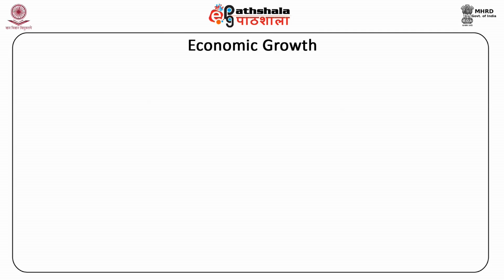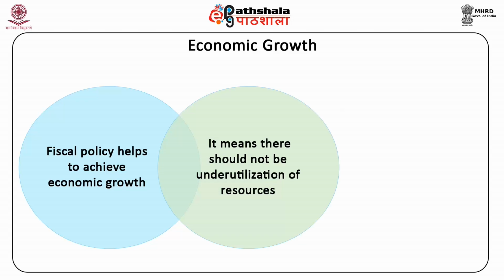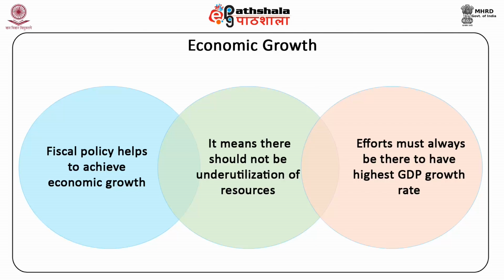As mentioned earlier, fiscal policy helps to achieve economic growth. This can be done if resources are used to have the best possible outcome. It means that there should not be underutilization of resources. Efforts must always be there to have the highest GDP growth rate.